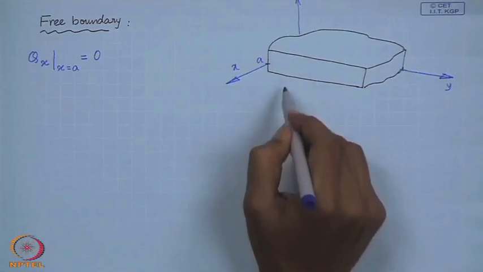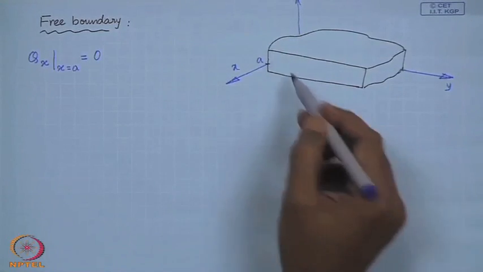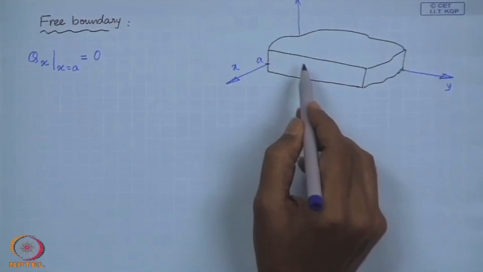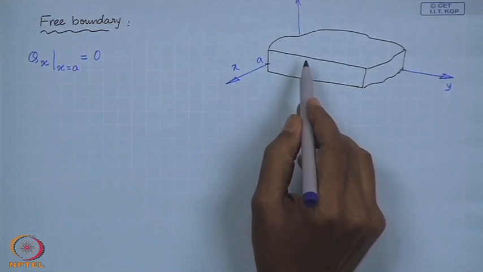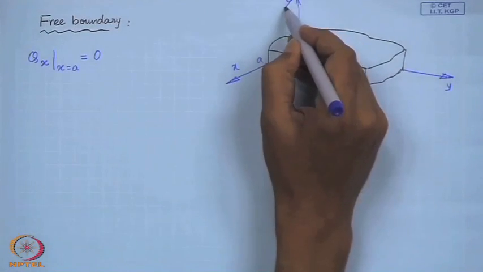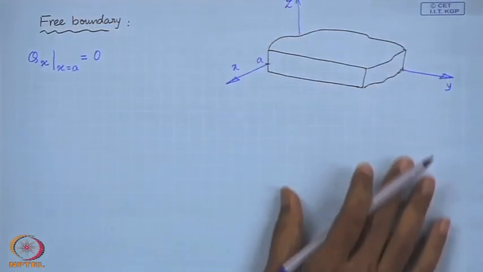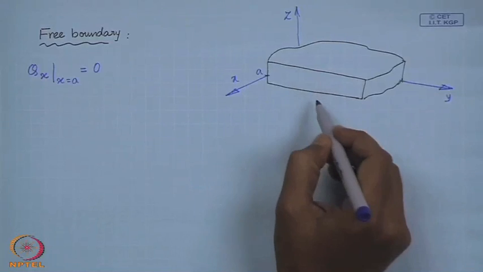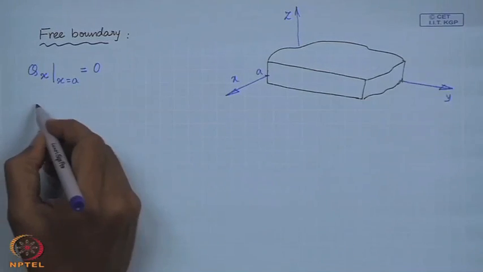the shear stress resultant q x is going to be 0. So, q x is along z on this face, and that should be 0.